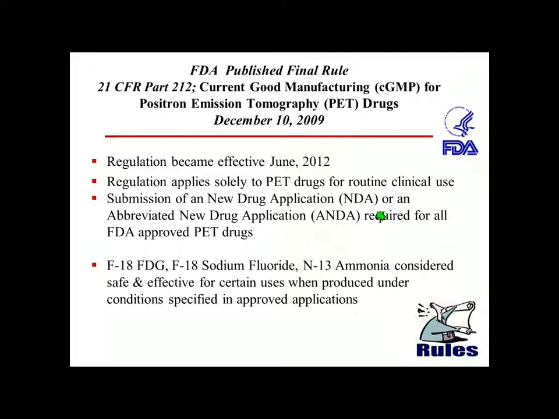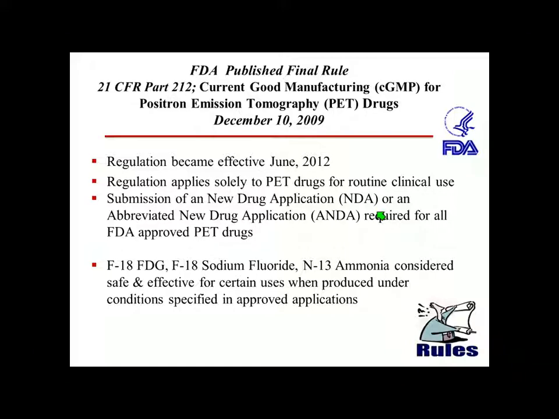As I mentioned, the regulation actually became effective in 2012, and this regulation only applies to PET drugs for routine clinical use. What we have to do if we're interested to make these in our institution is file either a new drug application, that would be like for a therapeutic manufacturer, this is IP, or for a brand new PET drug that's never been in a person.